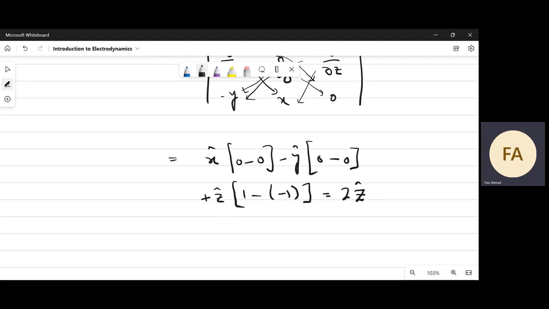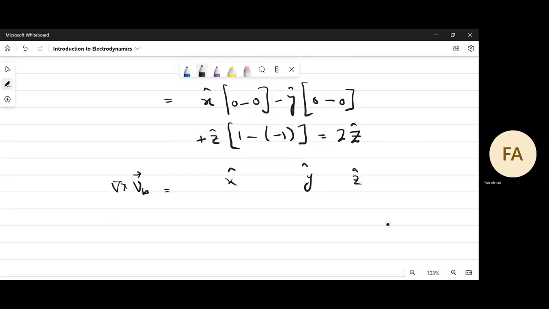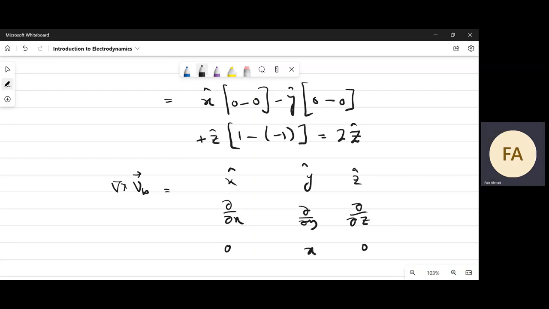Now let's check for VB. Del cross VB is equal to the determinant of x, y, z, partial over partial x, partial over partial y, partial over partial z, and 0, x, 0.